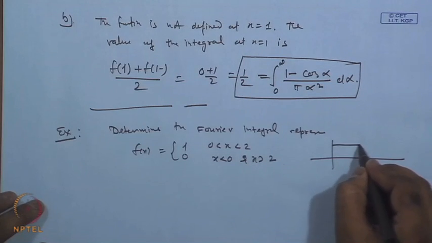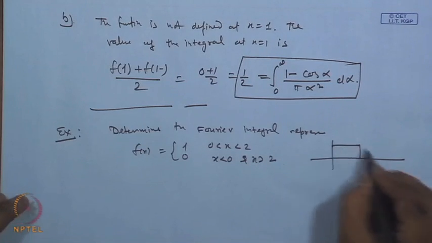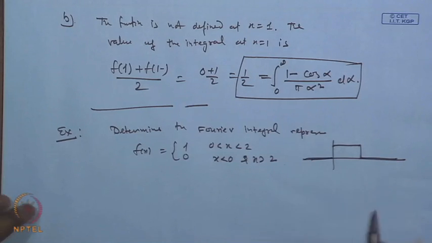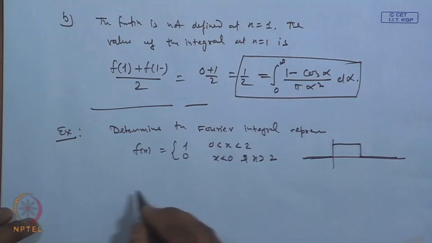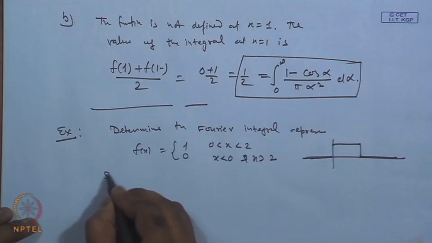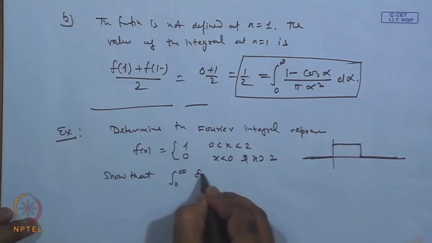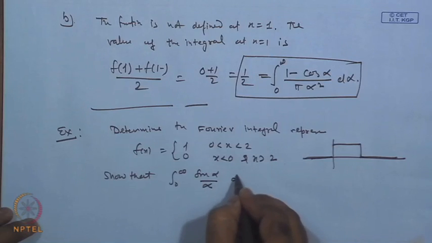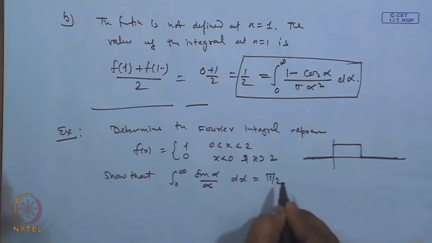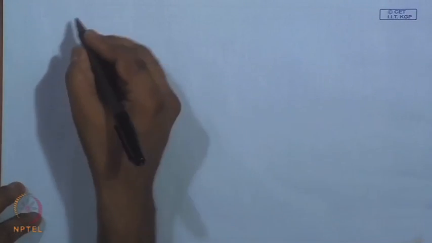So, between 0 and 2 the function is given by 1, and on this side also we have 0. Further, we show that this integral sine alpha over alpha d alpha is pi by 2. So, it is a very similar example to what we have seen.